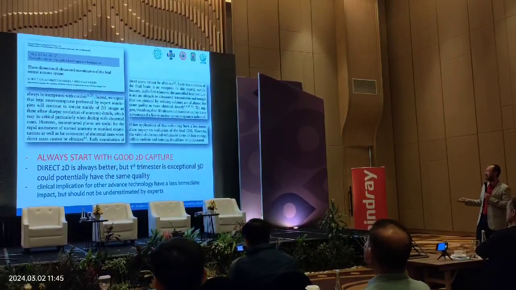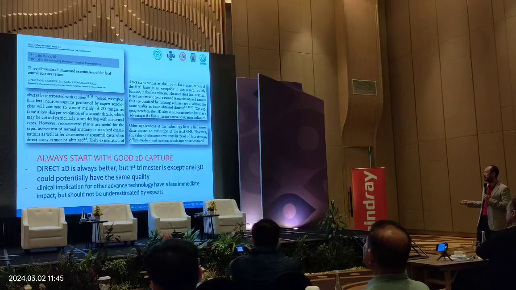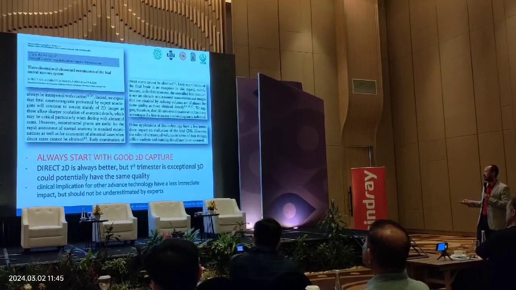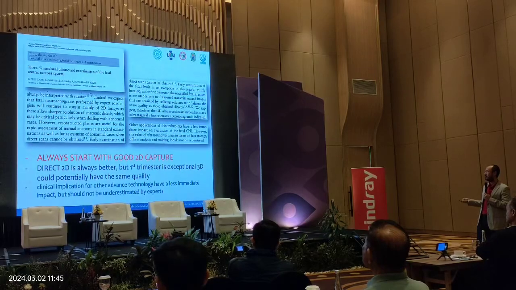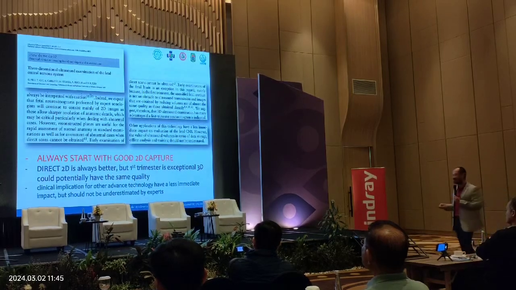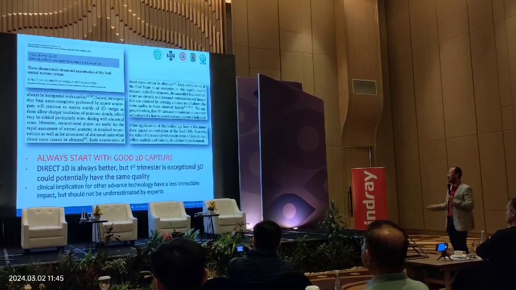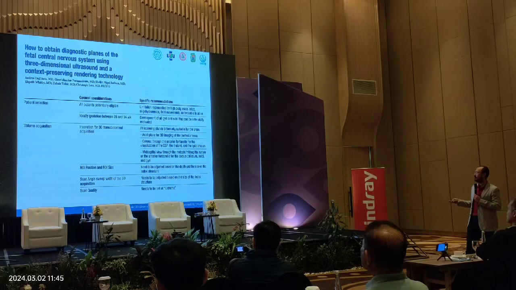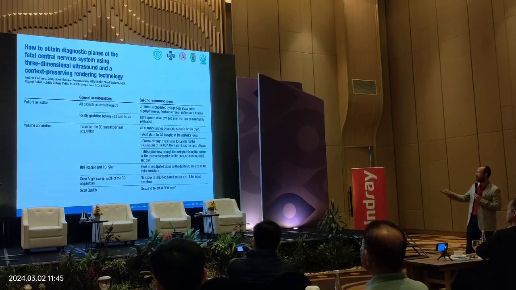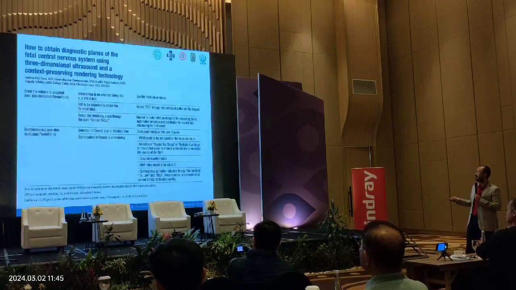Always start with a good 2D capture. Direct 2D is always better, but sometimes it's difficult. So for backup, we use 3D neurosonography. The clinical implication of advanced technology is still less immediate, but should not be underestimated by the experts. And this is the newest standard from the ISUOG. You can see here, very clear, the step-by-step.